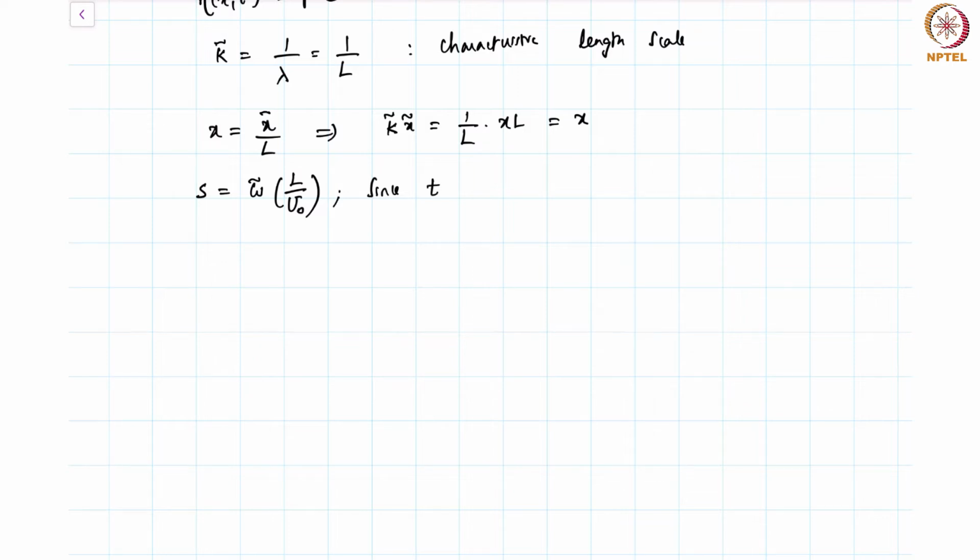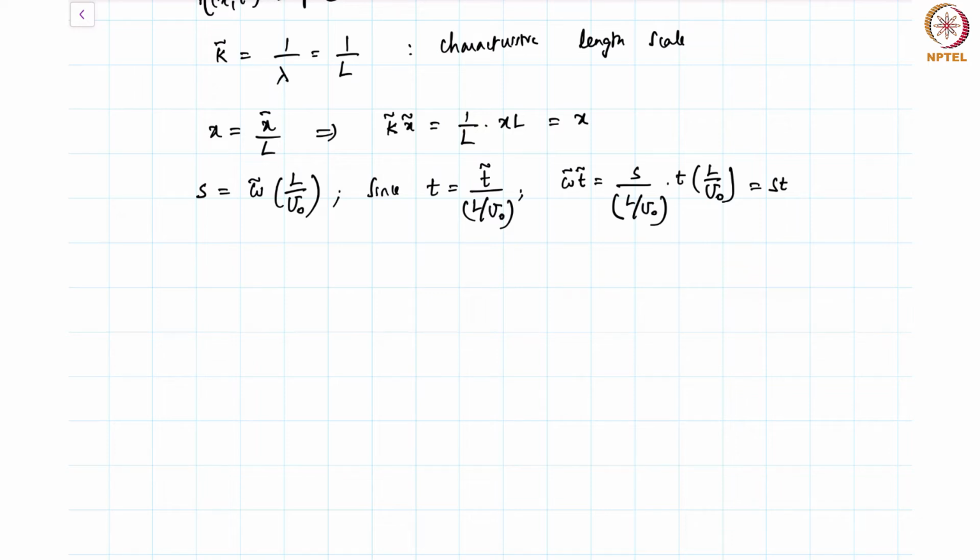Since we have the non-dimensional time t tilde to be t u naught by L, we simply have omega tilde t tilde will become S by L by u naught multiplied by t into L by u naught, and this simply becomes St.